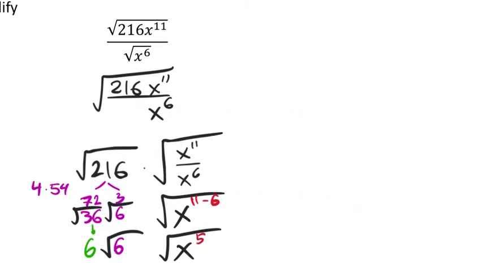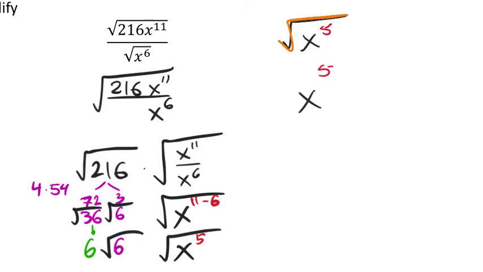Okay, so I'm going to move this over here so we can do some work. So the square root of x to the power of 5, again, as an exponent, I would show this as x to the power of 5. But we would have to take that square root right there, take the 5 and divide it by 2.